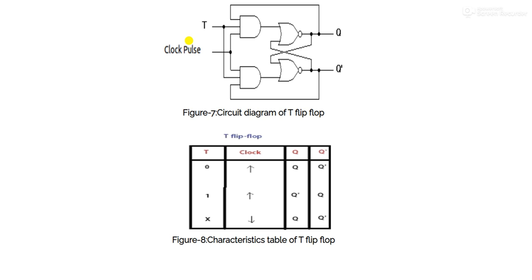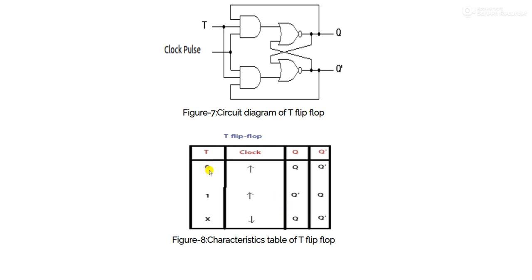If the value of T is 0, then there will be no change at the output. We will verify it later with the help of that particular simulator designed by IIT Roorkee for the simulation of T flip-flop. So this one is the characteristic table of T flip-flop.